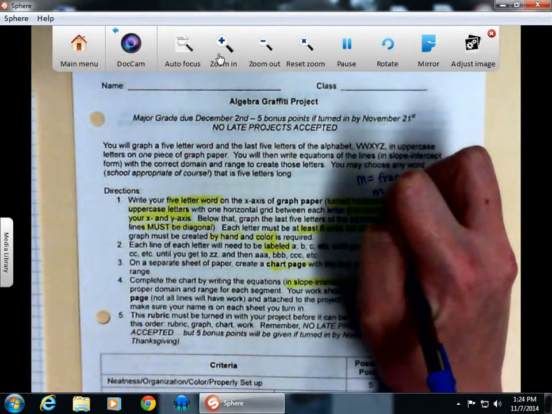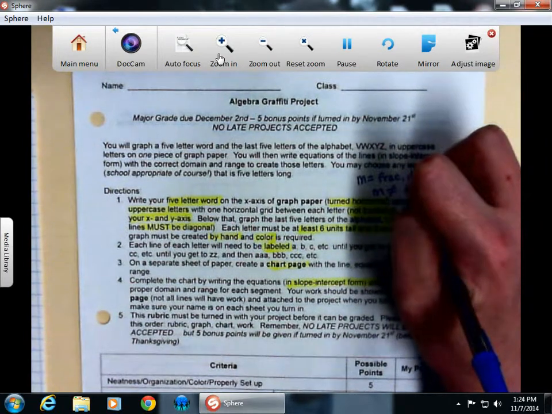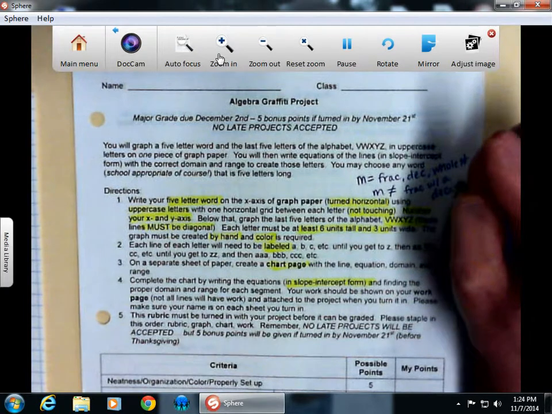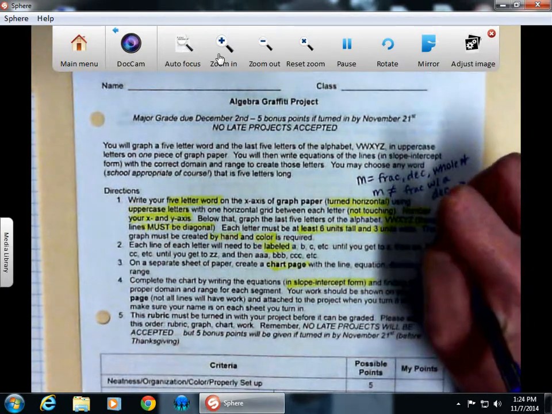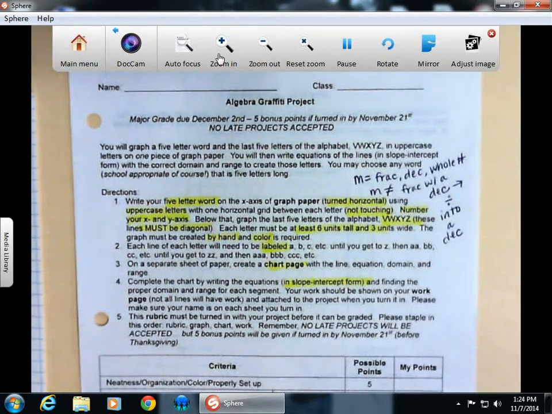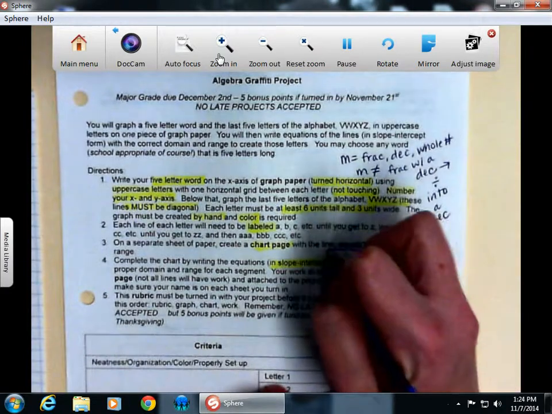M cannot be a fraction with a decimal. Instead, I want you to divide that into a decimal. You may get some funky slopes on this. If you'll take that note and put an arrow to slope-intercept form down here.